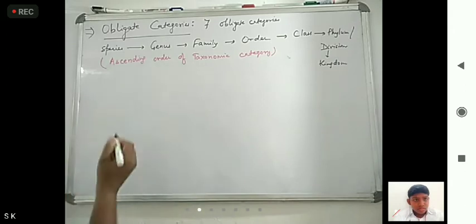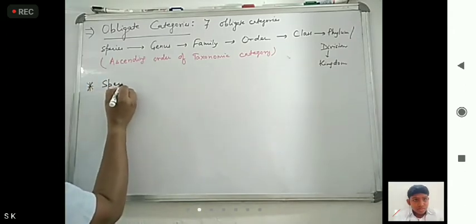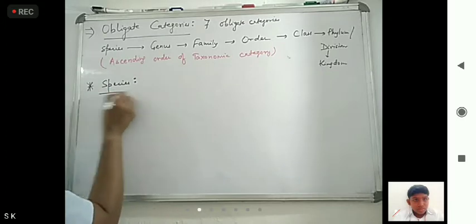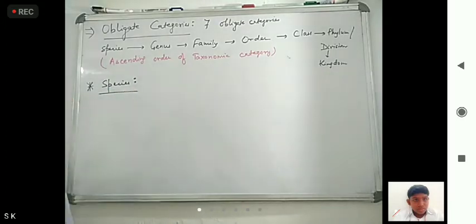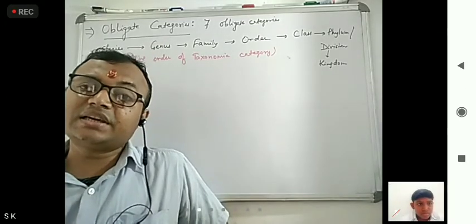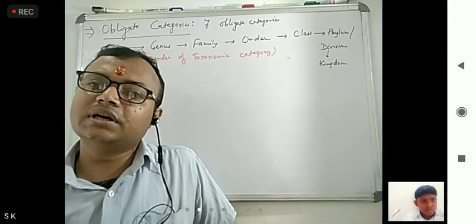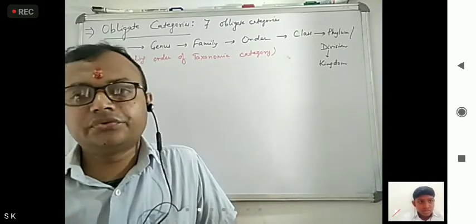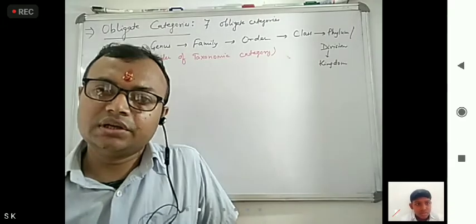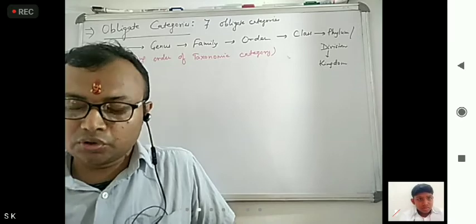First is species. Before entering into it, what is it? It is the key position of classification, which is the lowest or basic taxonomic category.